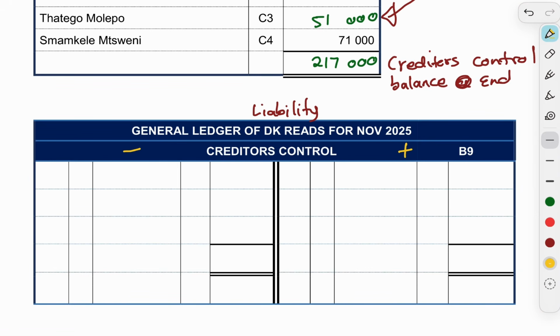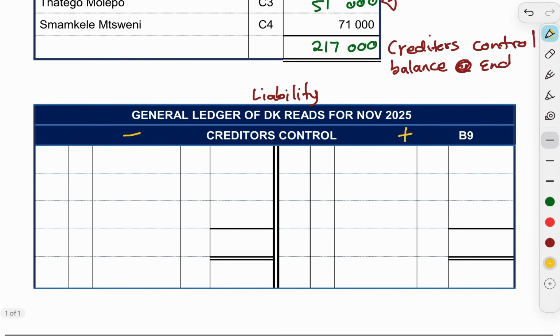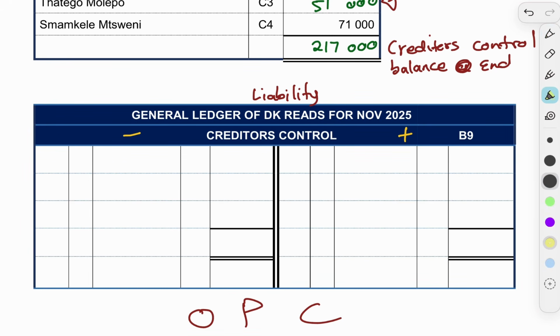So for each and every ledger, you follow the 3-step process: opening, posting, and closing, OPC. We need to open the ledger account. On which side? We are going to open it on the increasing side, which is the credit side.